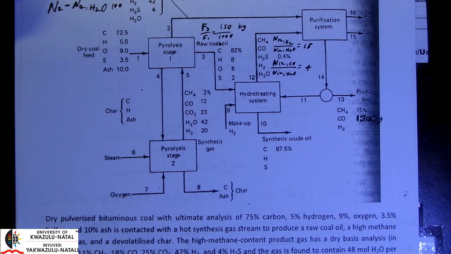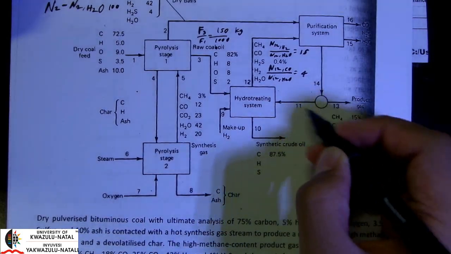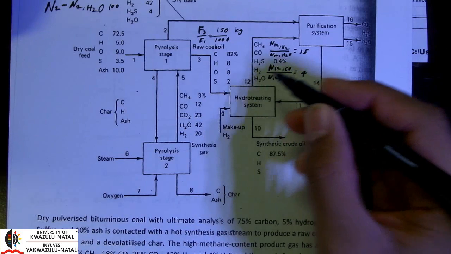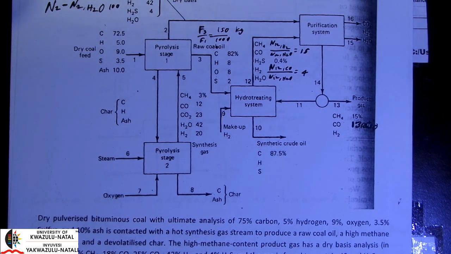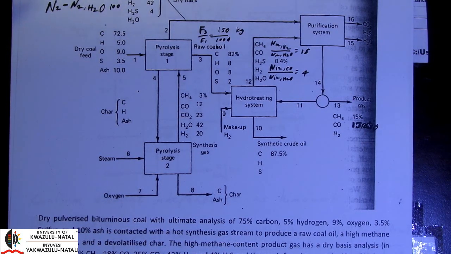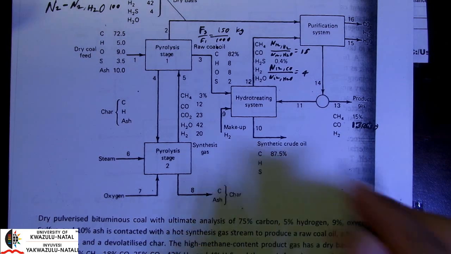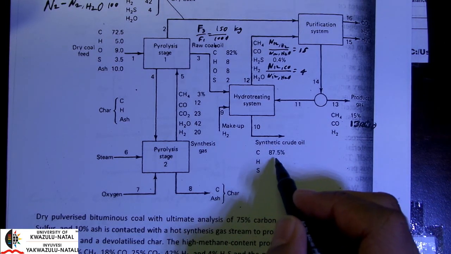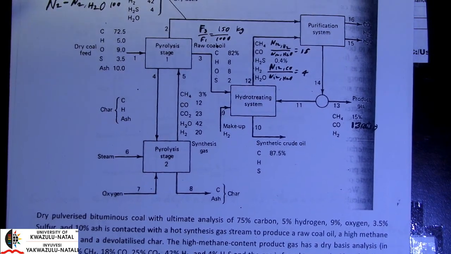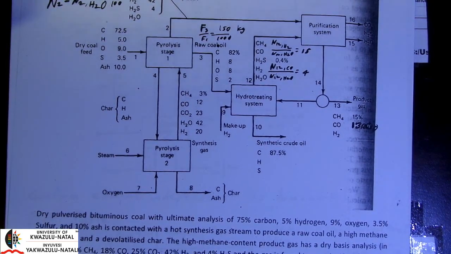So we split a larger portion to a hydrotreating plant, and in the hydrotreating plant the raw coal oil is subjected to a mild hydrogenation. Okay, so we have a mild hydrogenation using the recycled product gas and some makeup from our hydrogen gas to produce a synthetic crude oil consisting of 87.5% carbon, as well as some hydrogen and a very small amount of sulfur.